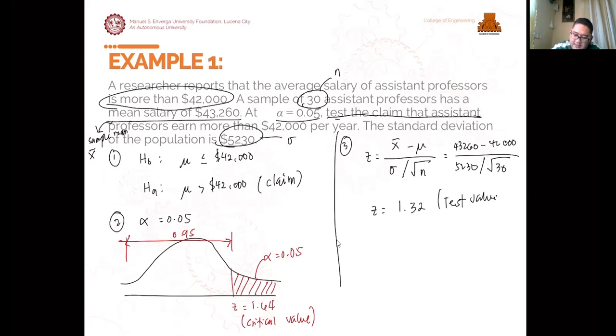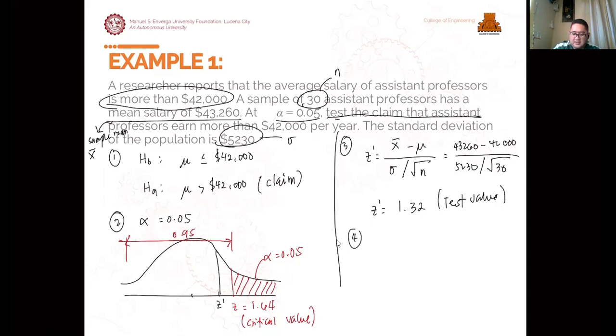Pag ilalagay natin dun sa normal distribution graph natin, 1.32 is where? So, 1.32 is nandito sa portion na 'to. Okay, so ito yung test value natin. Lagyan ko ng prime na lang para ma-distinguish lang natin. So, ibig sabihin, anong conclusion natin ngayon?